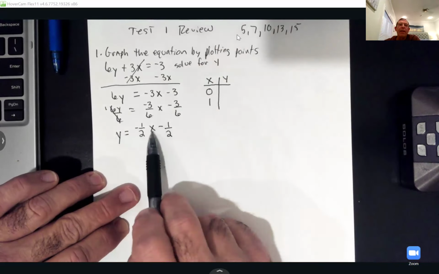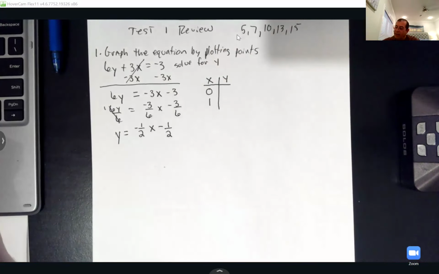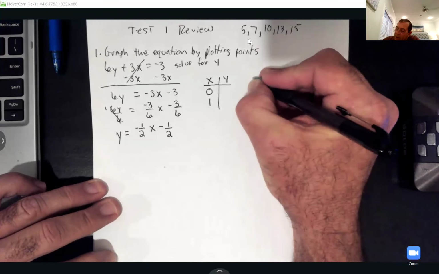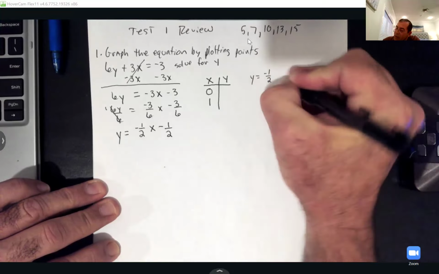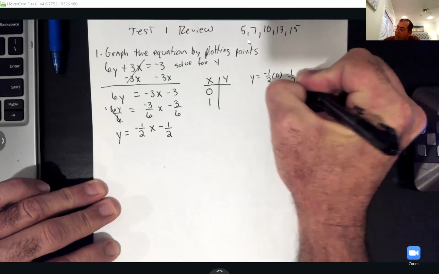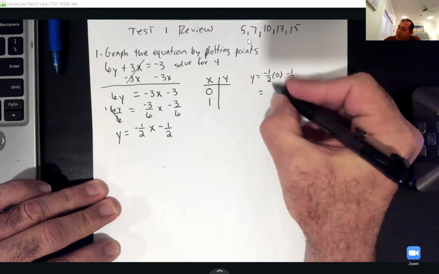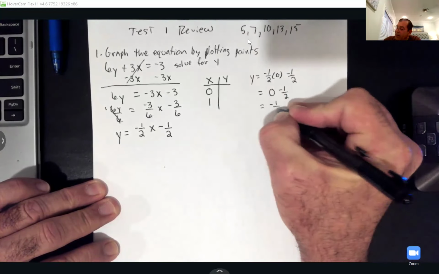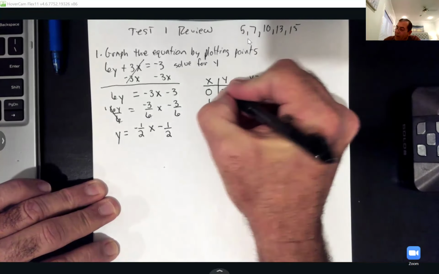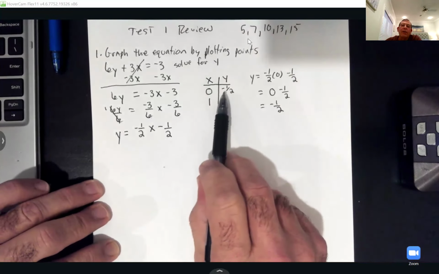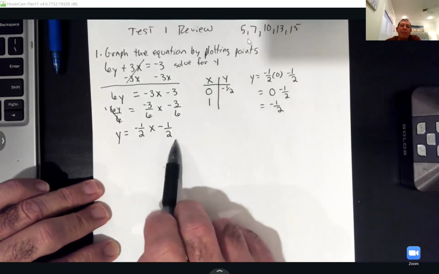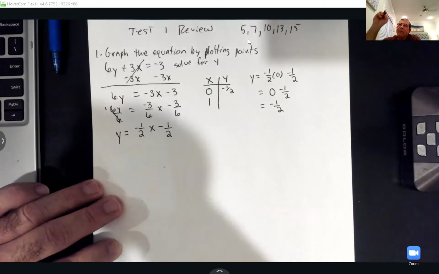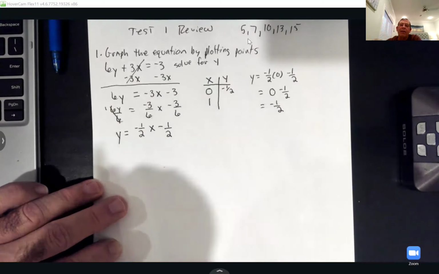If I put a 0 in for the x, 0 times -1/2 is 0. So I'm just going to put in my 0 first. All right, so -1/2 times 0, like I said, is 0 minus 1/2. That's going to give me a -1/2. Now, since this fraction had halves under everything, MathLab will divide the scale up in halves on that, okay?